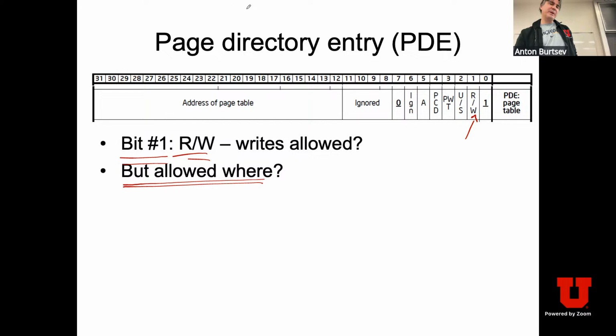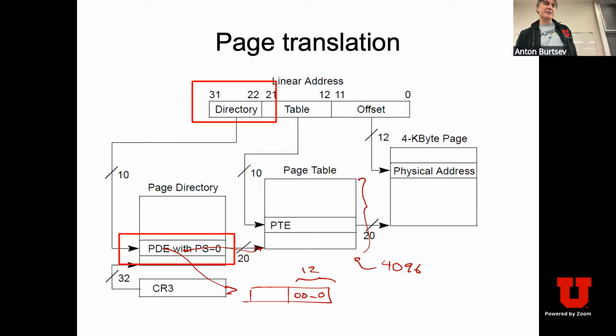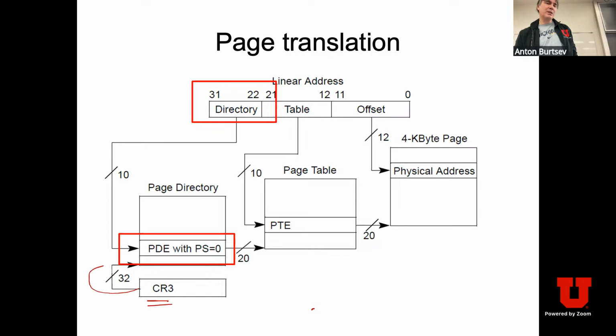So it's a page directory entry. Which means that if you look at the translation, the hardware just looked at the CR3, loaded the page directory, used those 10 bits, and is looking at this entry. And imagine it's read-only. What is specifically read-only, you think?